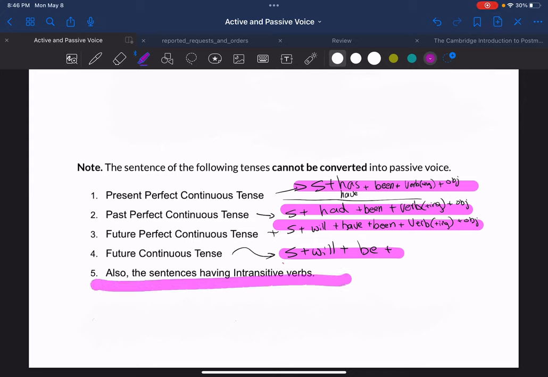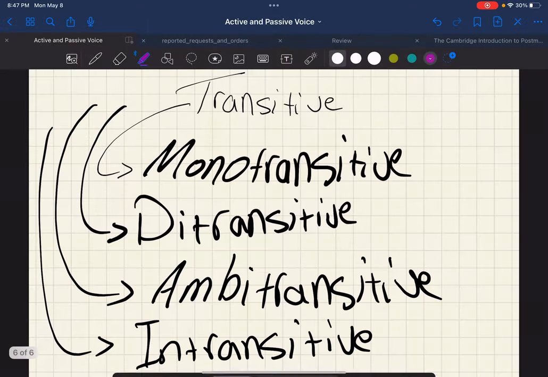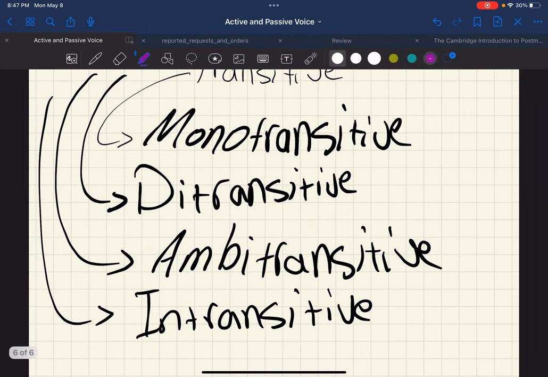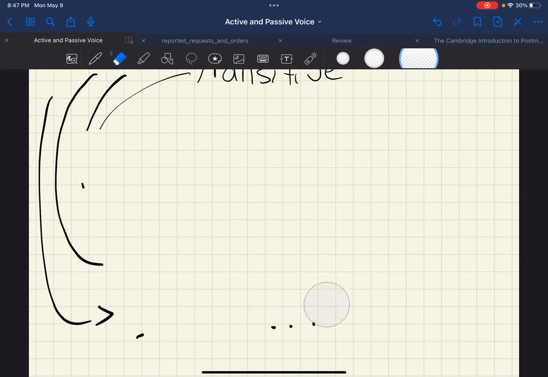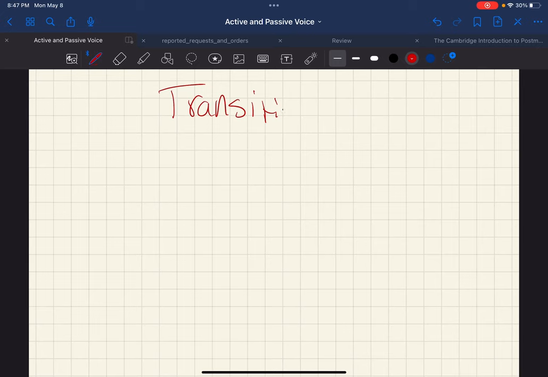And also sentences that have intransitive verbs. So this takes us to another subject, which is transitivity. You don't need all of this. We are just going to work with a few main points. First of all, when we talk about transitivity, we mean that it goes beyond this point.